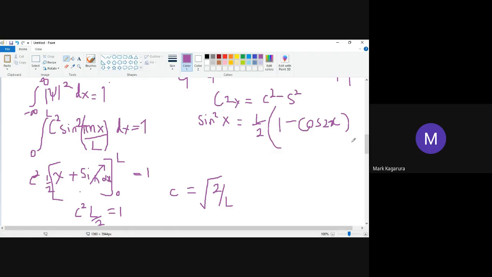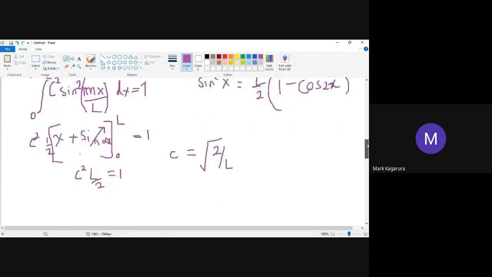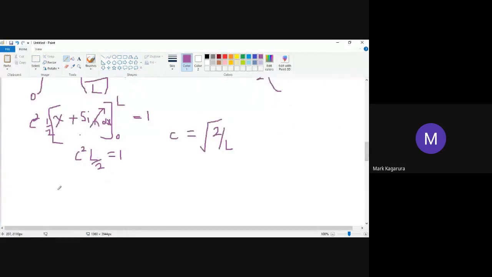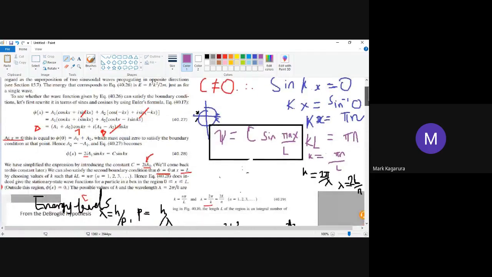We can substitute for that, and then our wave function psi is going to be equal to root 2 over L sine pi nx over L. Hope I've not messed up something.